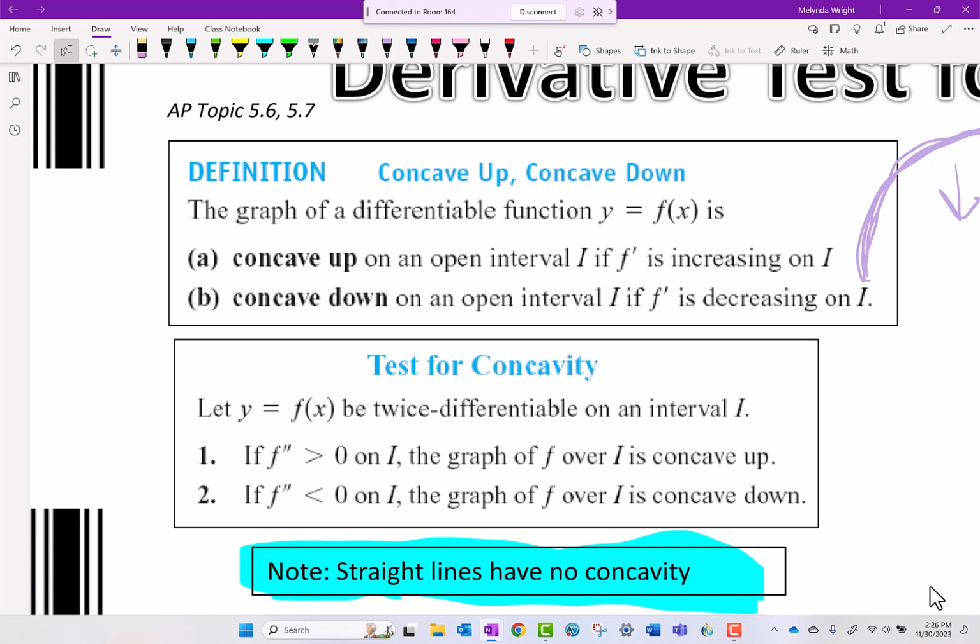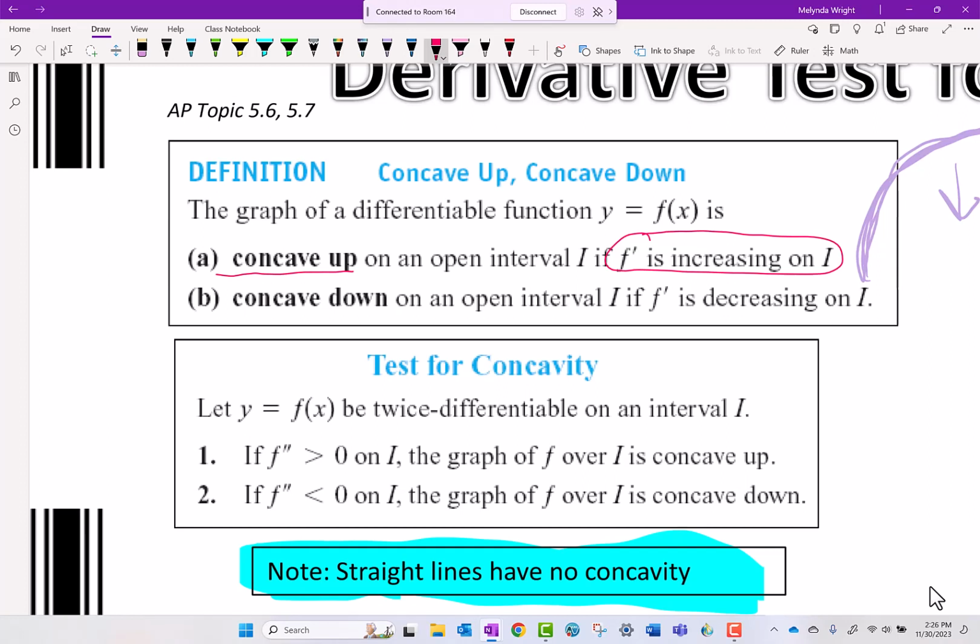It says the graph is concave up if the first derivative is increasing on the interval. This is the definition, and that can be confusing to students. We like to use the second derivative for concavity, but sometimes we can't. We have to use the first derivative, and if that is the case, we use the definition.